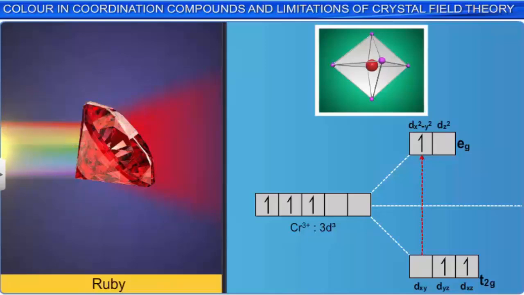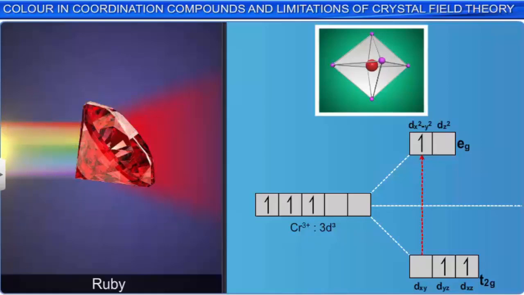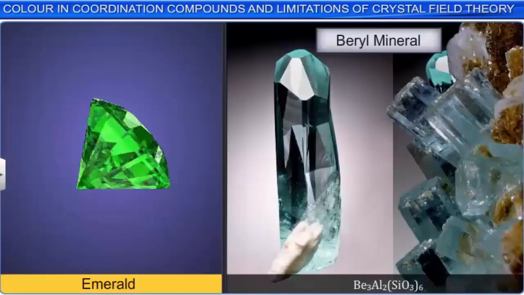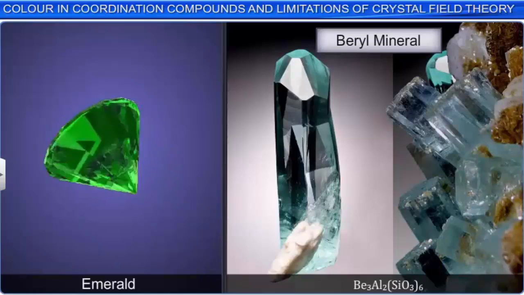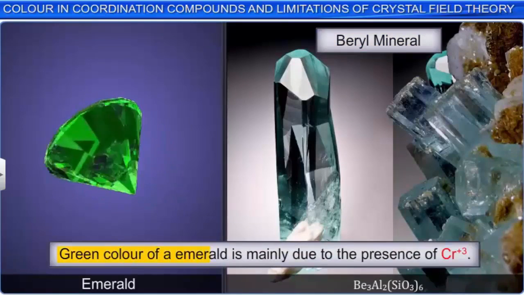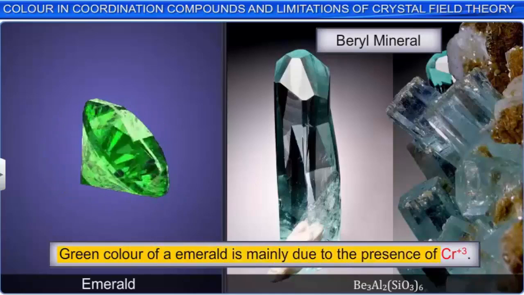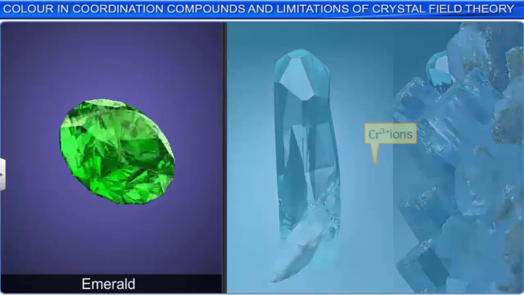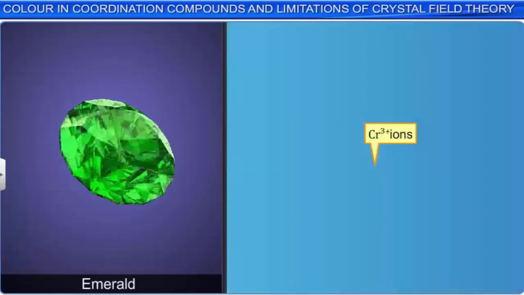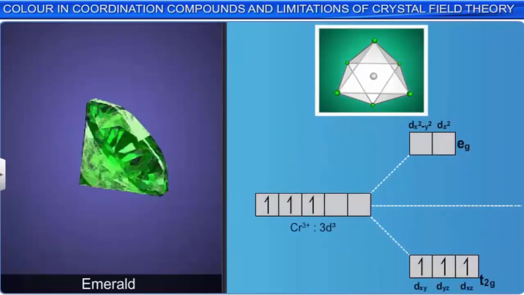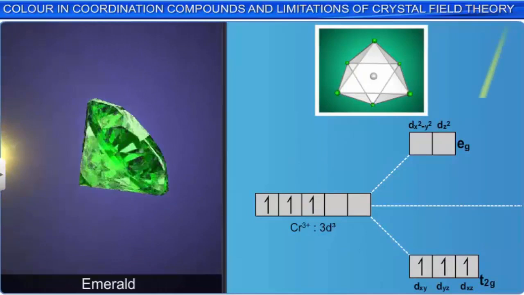Emerald is a green variety of the mineral beryl. The green color of emerald is due to the presence of Cr3+ ions. The Cr3+ ions occupy the octahedral sites in beryl. Due to this arrangement, it absorbs the yellow-red portion of light and, in turn, transmits the complementary color green.